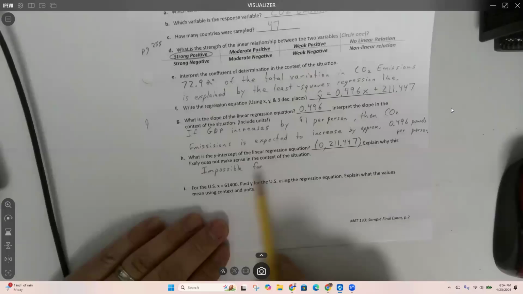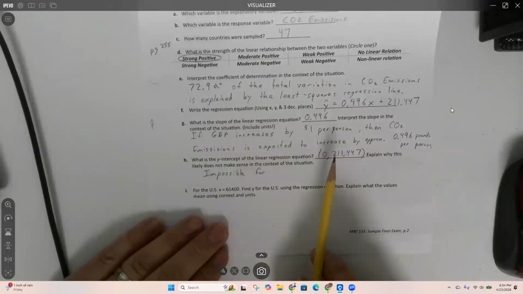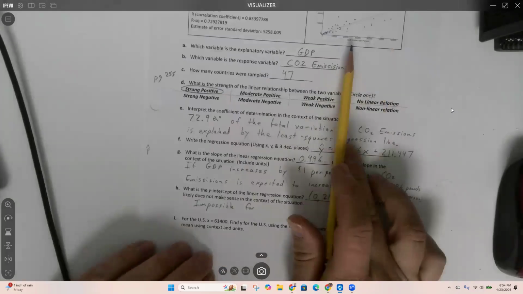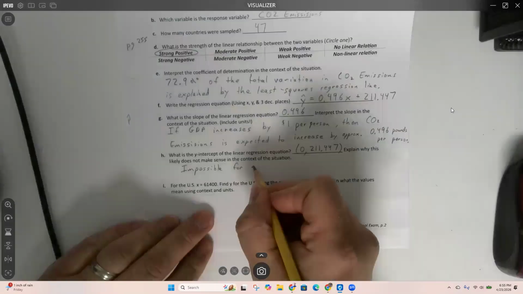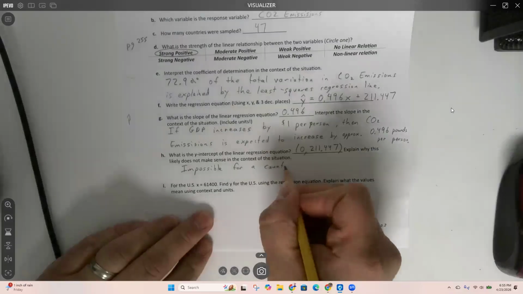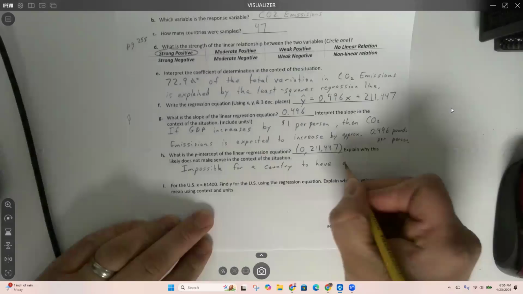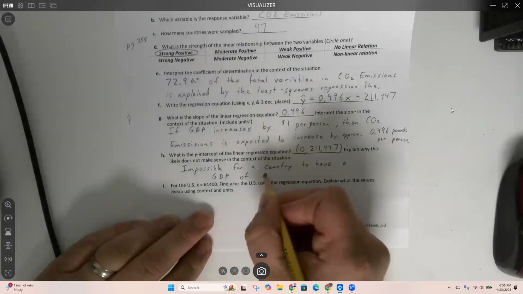So if you're on the right track, it's impossible for GDP to be zero. But I need to know, what are the dots? Correct. Each dot here is a country. So it's impossible for a country to have a GDP of $0.